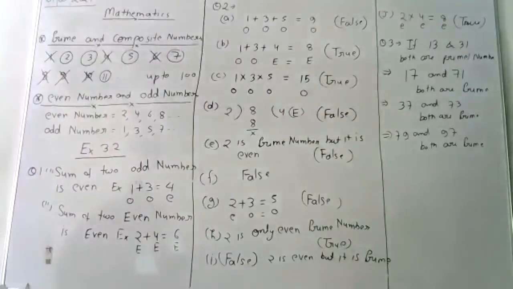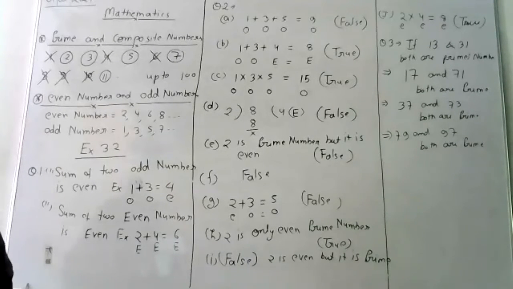Now students, one more query. Master Saswat Agarwal asked a question: 19 and 91. Yes, but 99 is not a prime number, beta. 99 is a composite number.